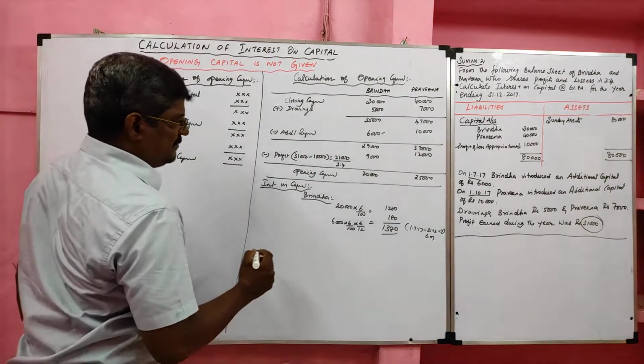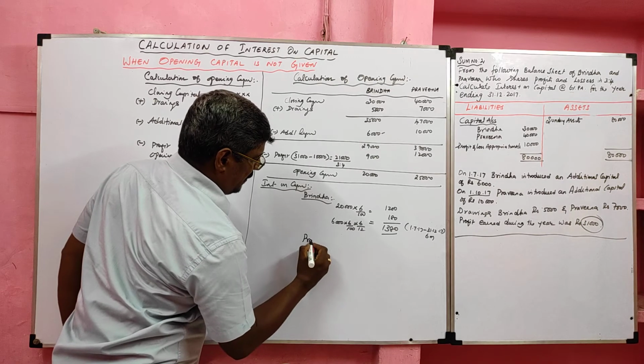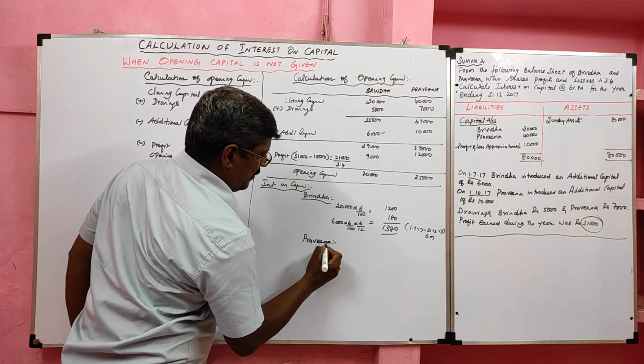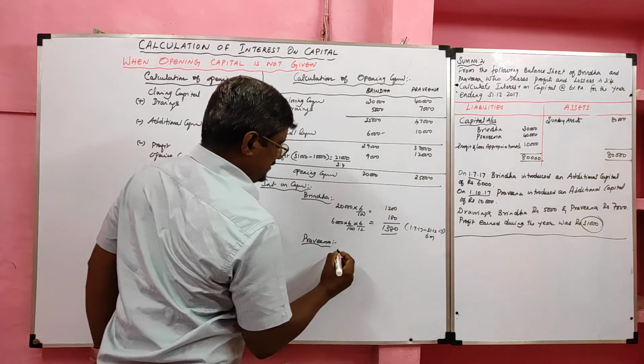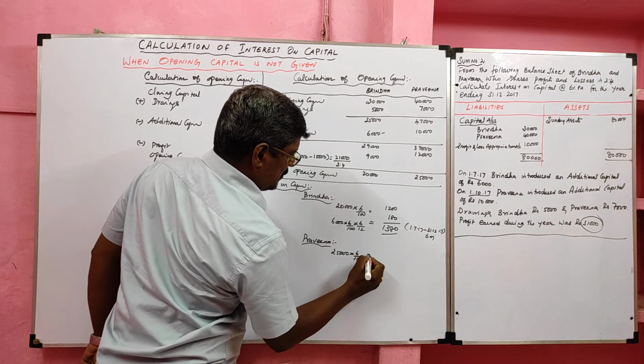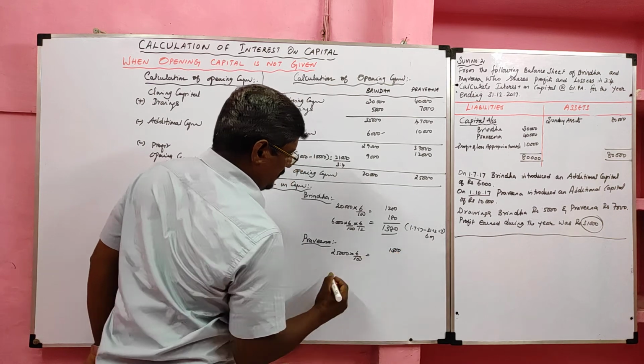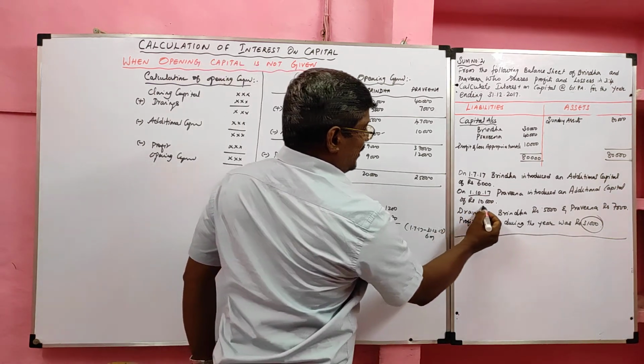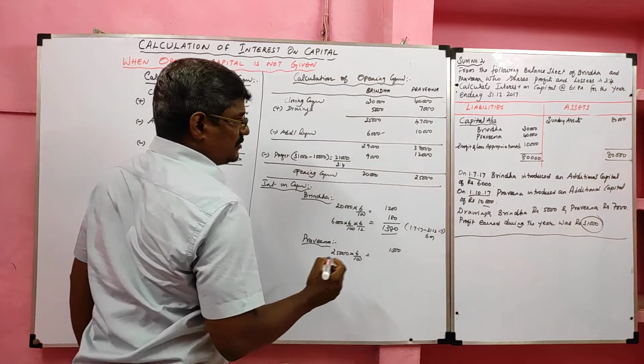Then we have to calculate interest on capital for Praveena. Her opening capital, which we already ascertained, is 25,000 at 6%, so 1,500. Then her additional capital 10,000 introduced on 1/10/2017.